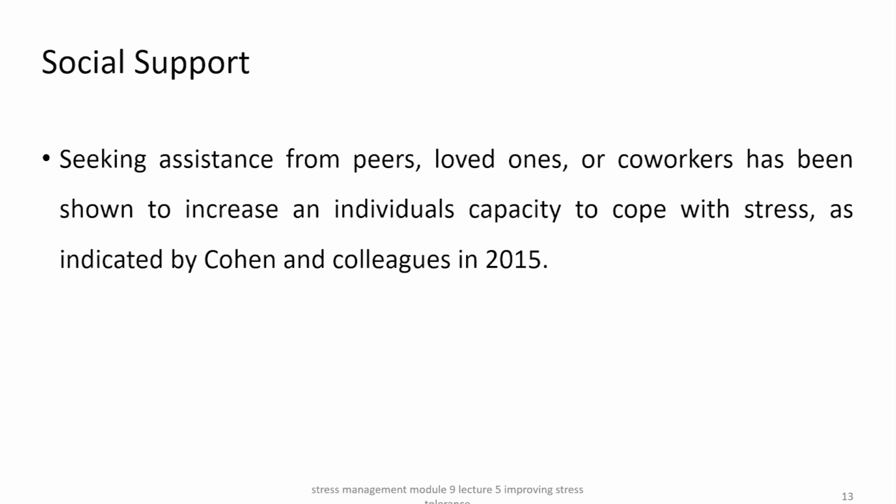We have already talked about seeking social support, which is very essential, especially in people coming from collectivistic societies. So wherever the group ties are strong and the society, the group is more important than individuals, one can always look towards significant others in life for help, practical assistance and advice.